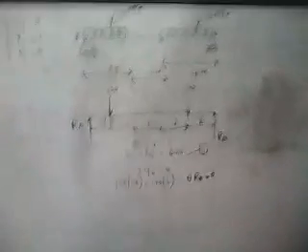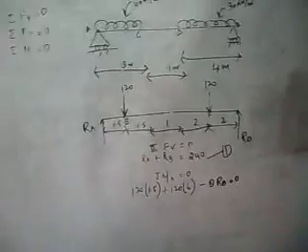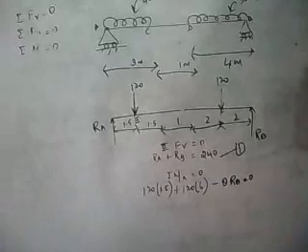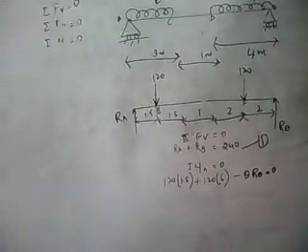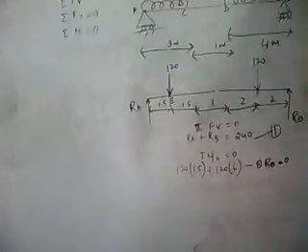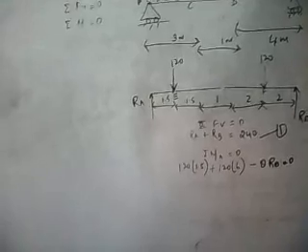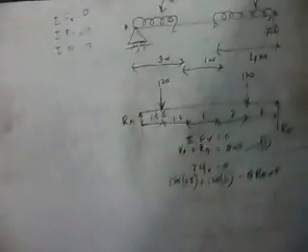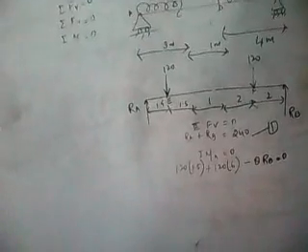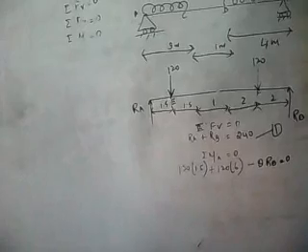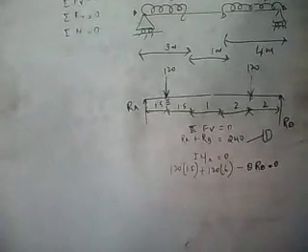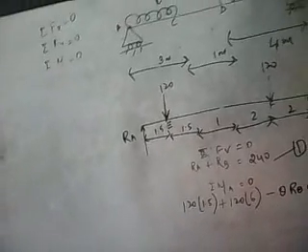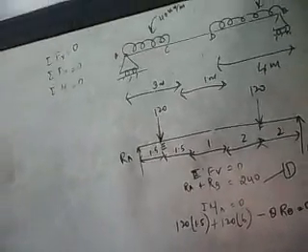Right now, can you see this? 120 into 1.5, 120 into 6, and RB into 8. RB into 8 equal to 0. Okay.